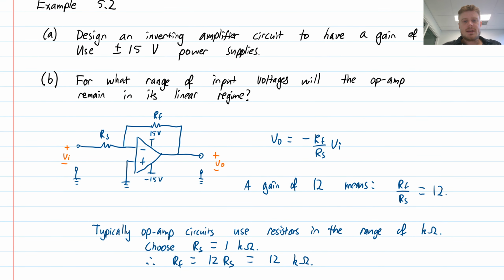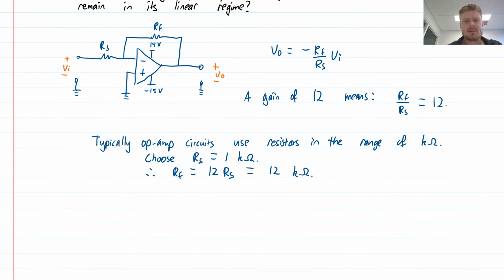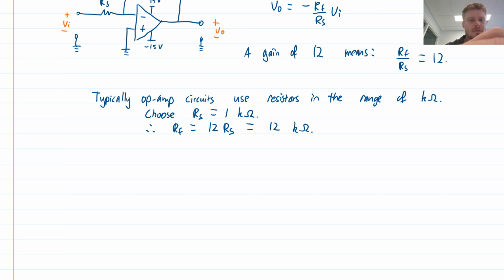Now part B of this is, for what range of input voltages will the op-amp remain in its linear regime? So let's remind ourselves what we mean by linear regime. We talked previously about how an op-amp works, and the output voltage as a function of the difference in the input voltages, so that was Vm minus Vp, where that's Vm and that one is Vp.